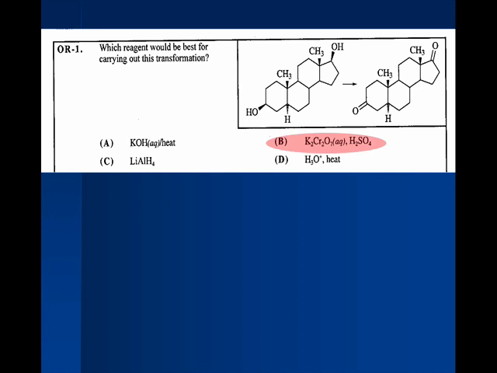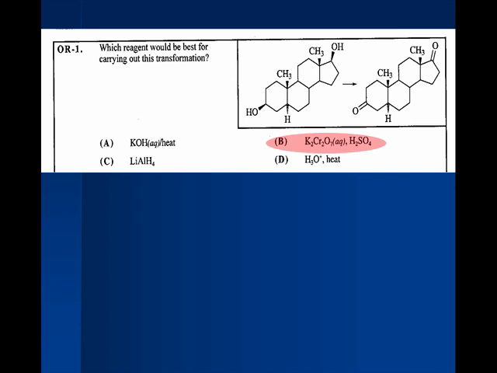What other reagents could have been here for this particular reaction? Potassium dichromate. Sodium dichromate could have been there. Chromium trioxide could have been there. Actually, PCC will do this as well.